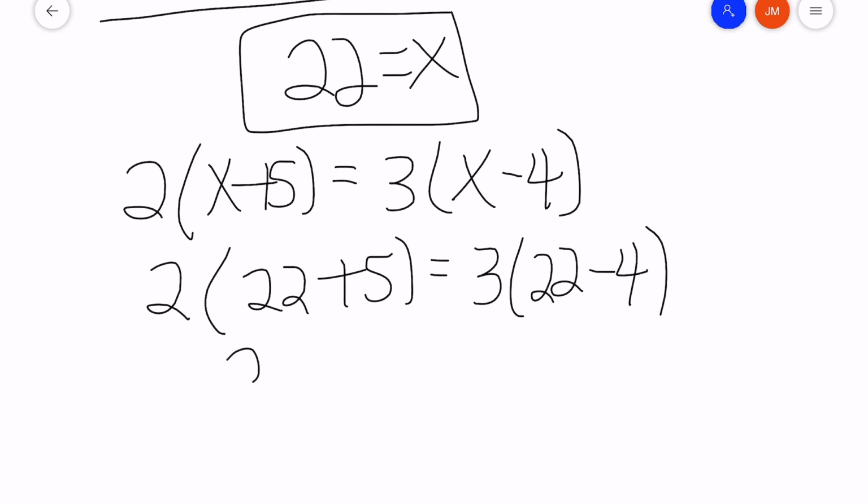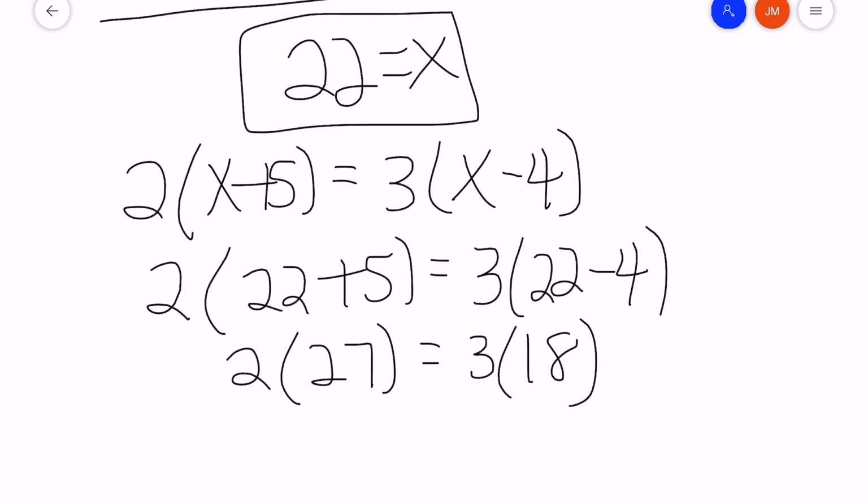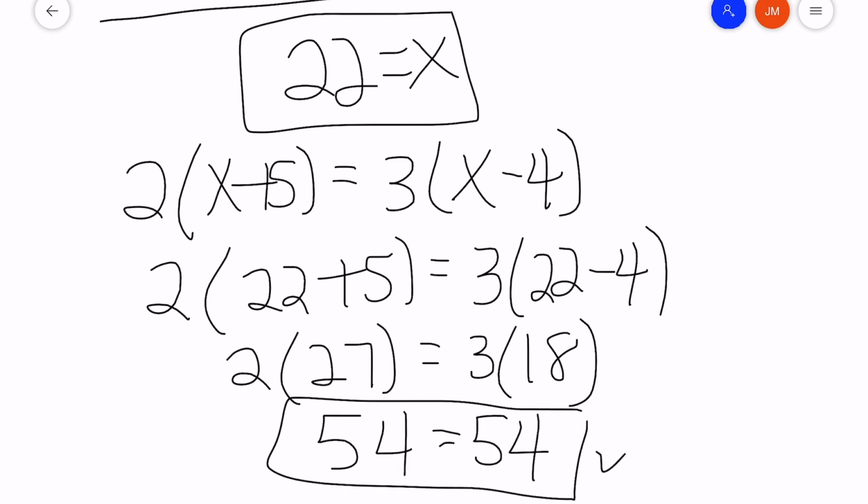So that gives us 2 times 27, since 22 plus 5 is 27, equals 3 times 18, since 22 minus 4 is 18. From there, 2 times 27 equals 54, and 3 times 18 equals 54. So again, this is correct. So x does equal 22 because it satisfies this equation.